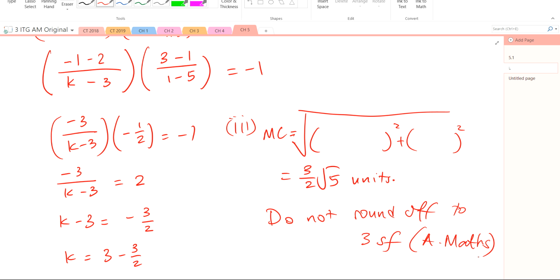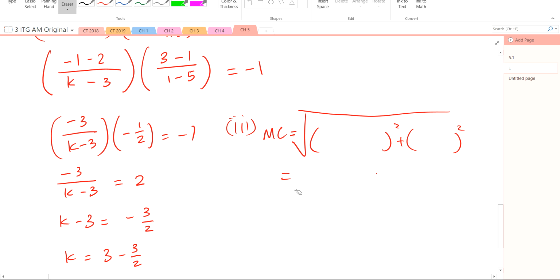If it is E maths, your answer is a surd, you round off to 3SF. You put it in a calculator, then it will give you a decimal, right? That's what we do not want. It's going to be a surd.